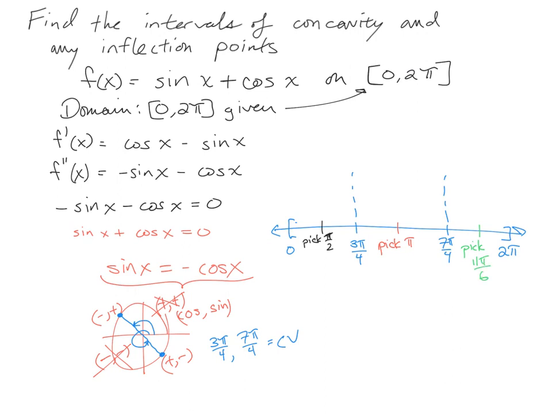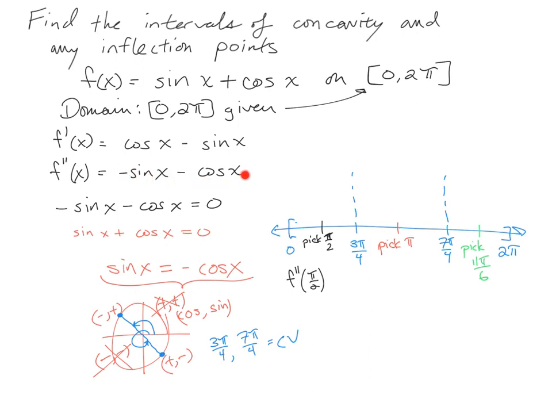So again, since we are working with the second derivative, we will be using the second derivative to find the concavity here. So I will say f double prime of pi over 2. If you substitute pi over 2 in for x here, you'll get 1 for the sine of x, and it becomes negative from this.